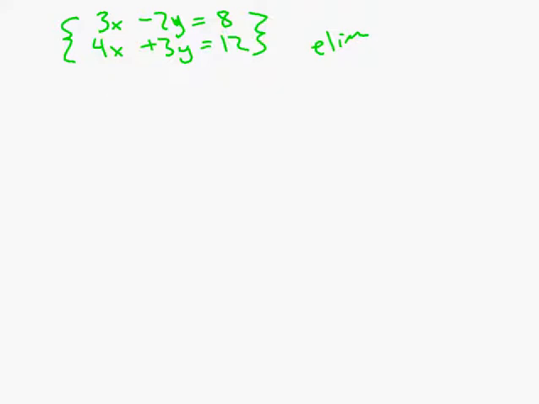All right, so I need the same number in front. Choose one. Do we want to eliminate x or y? Y. Okay, let's eliminate y. And what would be the common multiple that I would use? 6. So I'll multiply the first one by 3 and the second one by 2.